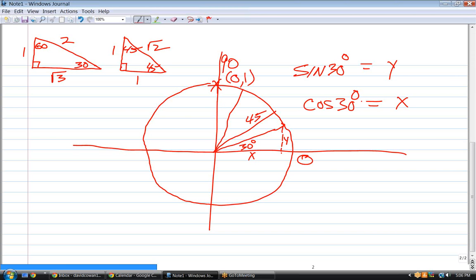The cosine of 90 degrees is the x, the cosine of 0 degrees is 1. Because this coordinate is 1 comma 0. That's where I should have started. Okay? So if we wanted the cosine of 0, we can see that it's got to be 1. And the sine of 0's got to be 0.